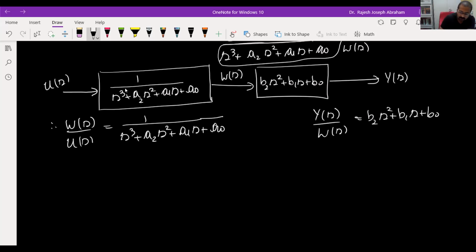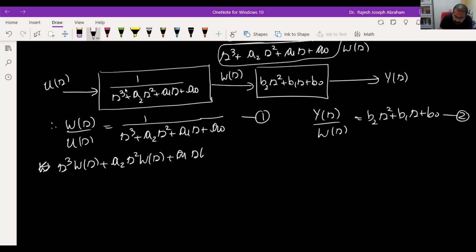Now let us concentrate on this equation 1. This is 2. So you just cross multiply. What did you get? s cubed W of s plus a2 s squared W of s plus a1 s W of s plus a0 W of s equal to U of s.